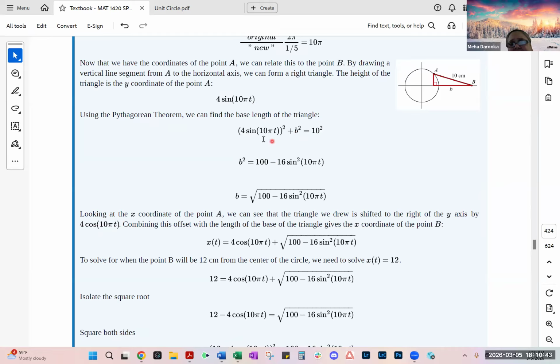We are trying to get B by itself, so we start by moving the 4 sine 10 pi t to the other side. Since it's squared, 4 times 4 will become 16. Sine of course becomes sine squared, and obviously the sine is being squared, not what's on the inside, so the 10 pi t stays as is, but you do put the square on the sine value.